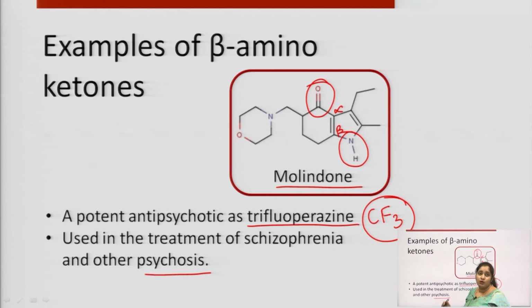Especially molindone is a very potent antipsychotic agent, and it is almost comparable to piperazine, which is one of the most potent compounds of the phenothiazine category, and it is used in schizophrenia for reducing the frequency and intensity of hallucinations and delusions as well.